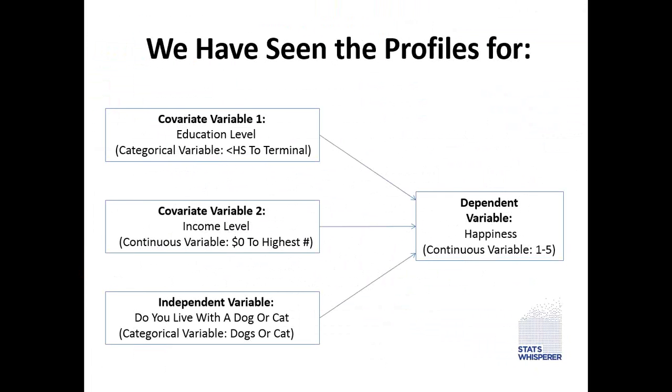So what we've done here, just like you might on the dating site look at profiles of people, we've looked at the profiles of all 4 variables, right? We've gotten familiar with education level, income level, living with a dog or a cat, and happiness. So now we're familiar with each variable before we do any sort of inferential analysis, seeing which variables are associated with one another.